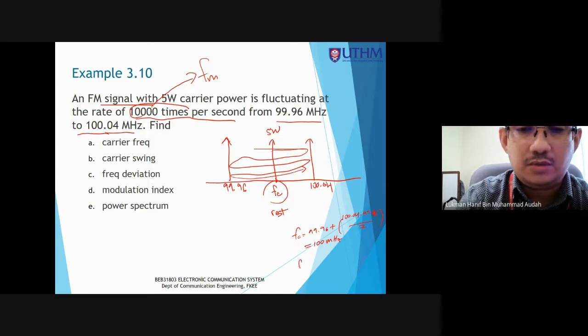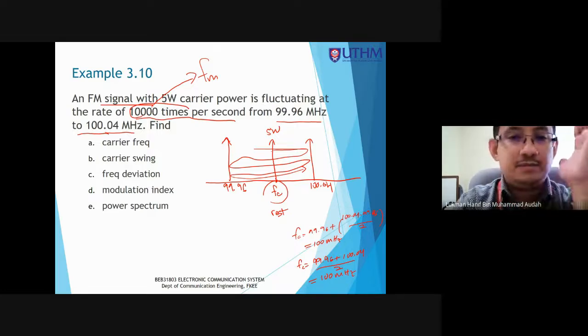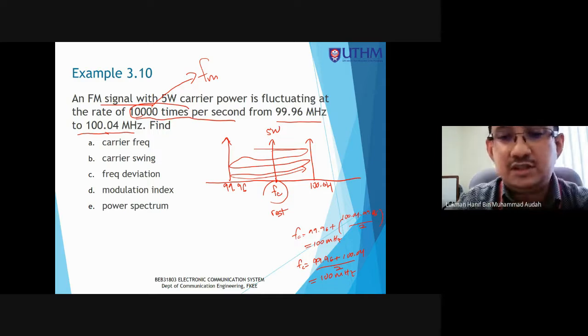Atau you nak buat FC equal to 99.96 plus 100.04, and then divide with 2 pun boleh. You akan dapat 100 MHz. Yang penting dia di tengah. So the center would be at 100 MHz.